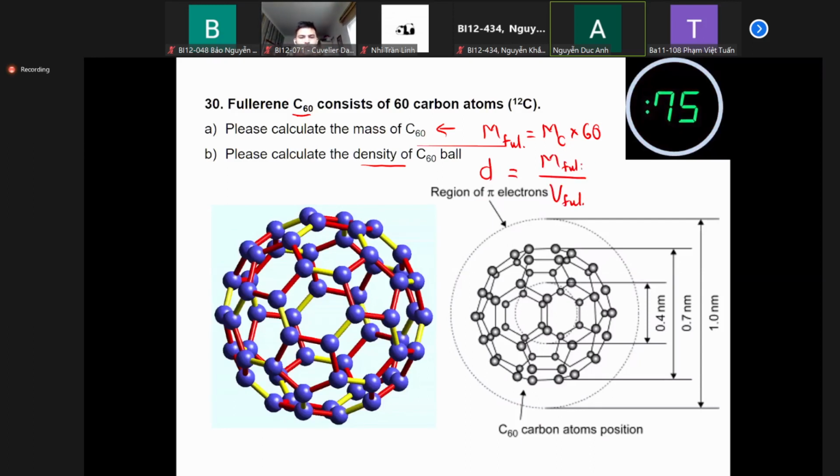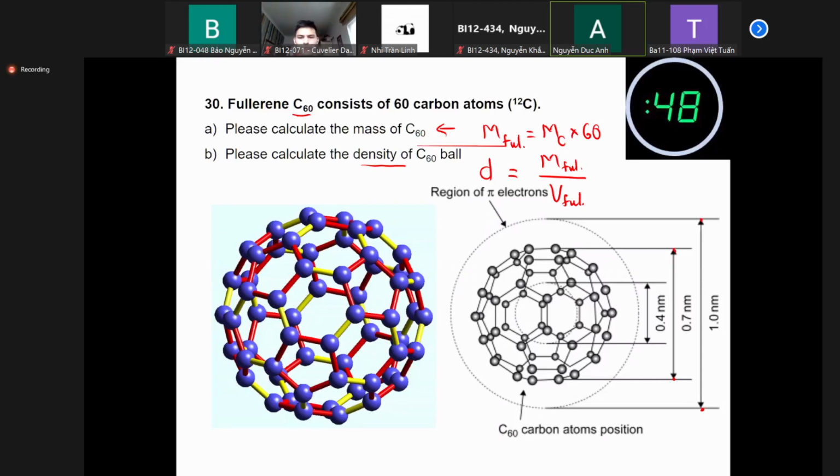The volume of fullerene here is defined as coming from the different distances. So what do you think? What should you choose in this case? Let's imagine in a simple way.